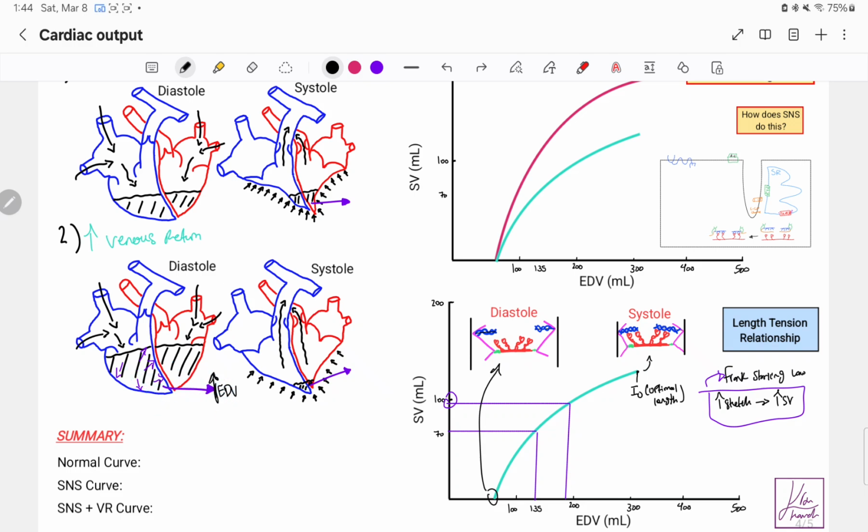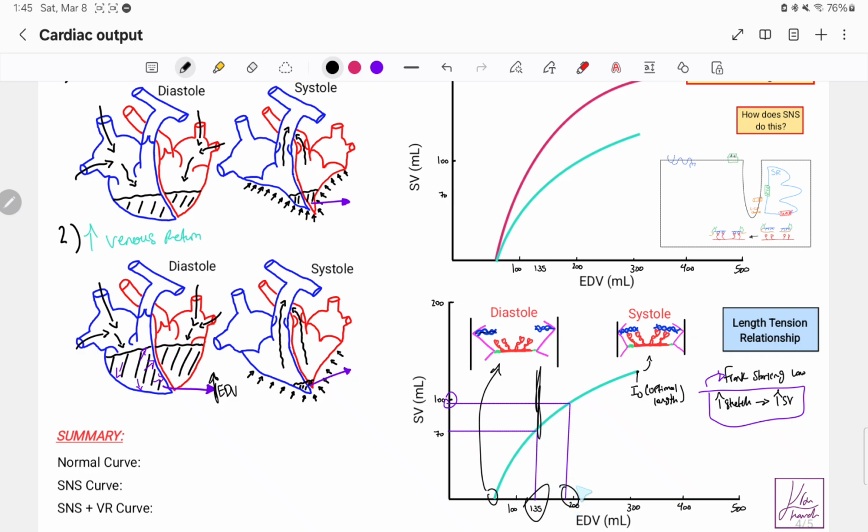That high EDV will push on the walls of this ventricle, stretching the myocytes. If I stretch the myocytes, that is going to help them reach an optimal length, where the myosin and the actin can interact more properly. If you imagine this phase over here, we are more to the left, more towards this configuration.